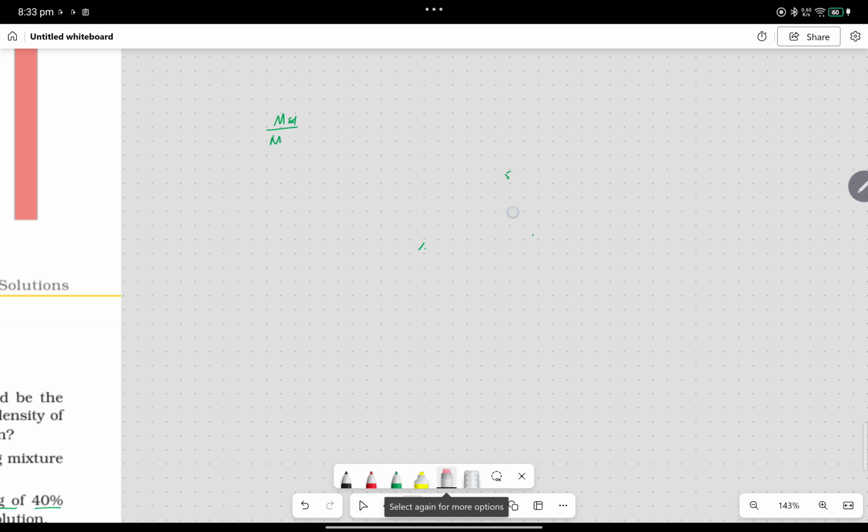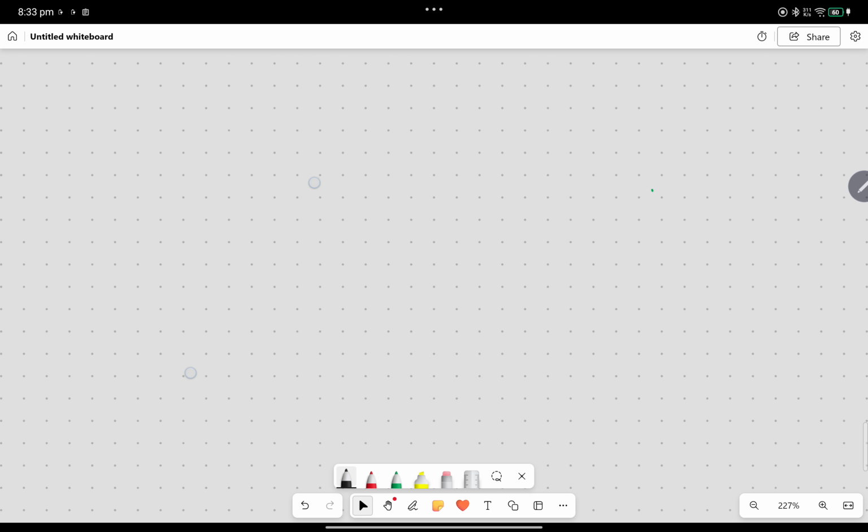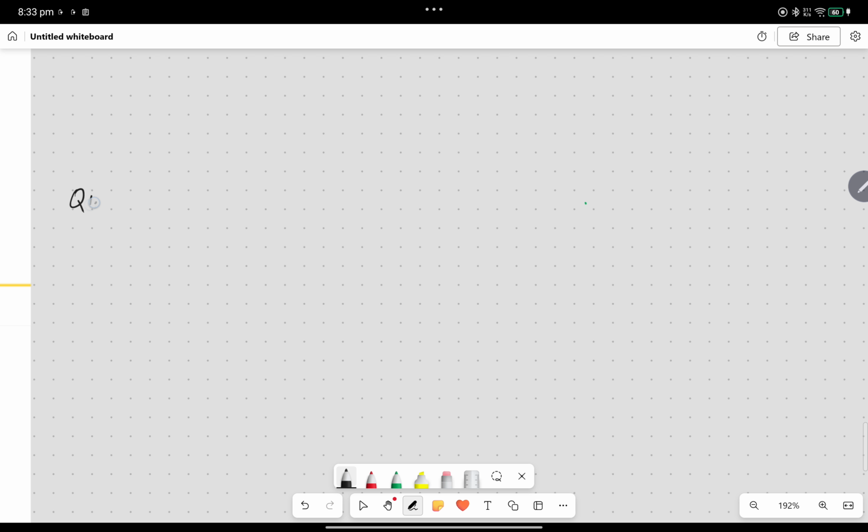So now how you can write this in a proper answer format is, first of all you have to write, given that question number 1.7, given that your mass of first solution is equal to 300 gram and mass of second solution is equal to 400 gram.